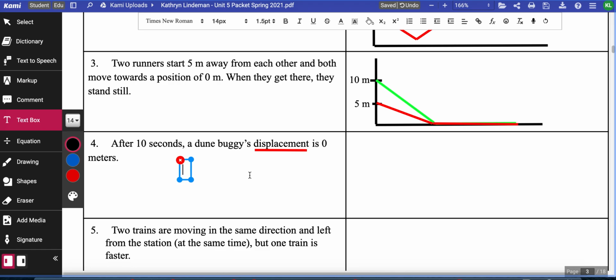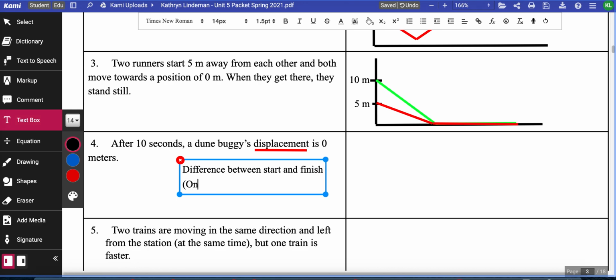Displacement is the difference between start and finish. So for this, you only compare starting point and end point.